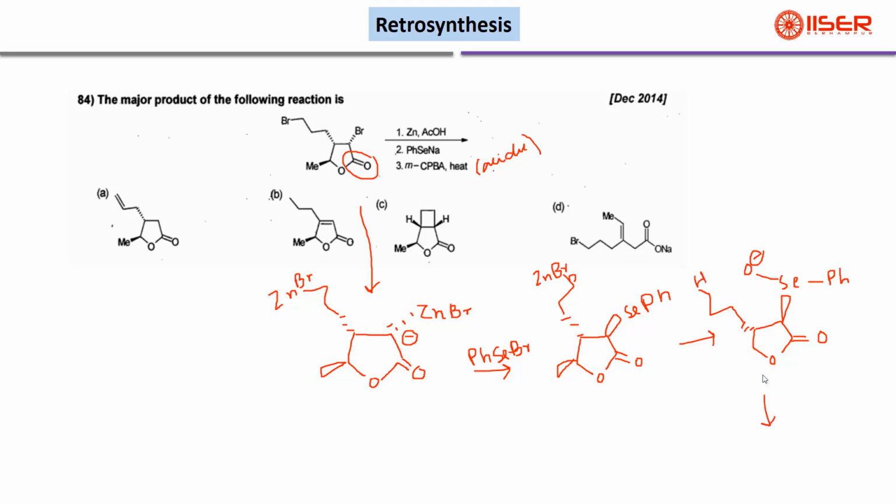In the next step, it will undergo elimination, but a syn elimination. There is a hydrogen here that is syn to the selenium, because the selenium is above the plane. That's why stereochemistry is very important. If you incorporate the selenium below the plane, there will be no syn H available adjacent to the selenium, and there will be no chance of elimination. Whenever a question denotes the stereochemistry of the bond, always keep it in mind while drawing the product.